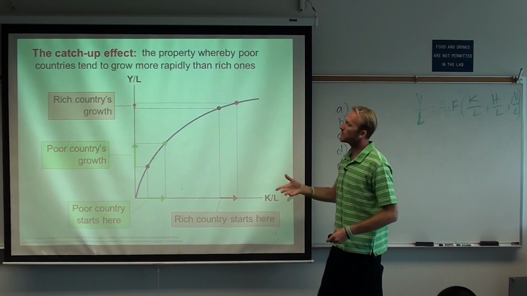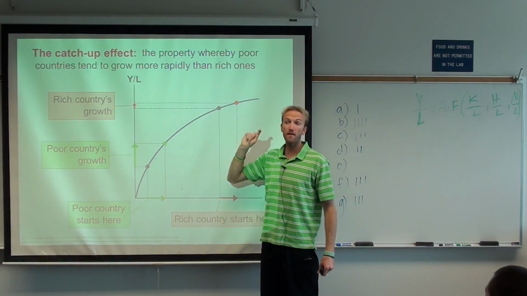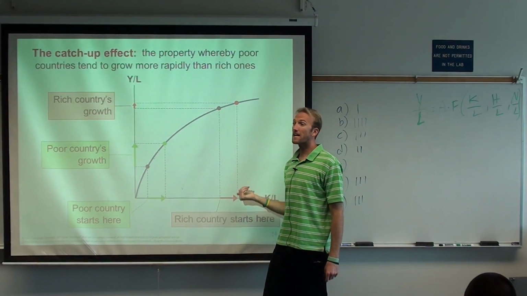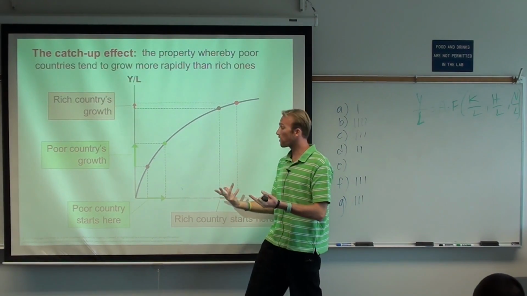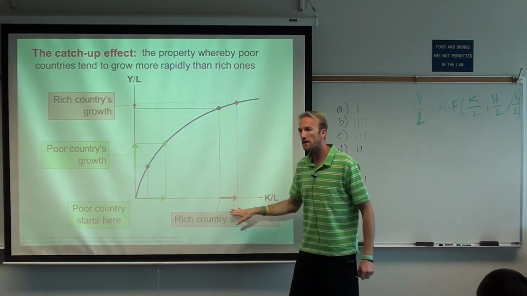It gives the opportunity for the poor countries to catch up to the rich countries, provided that they're able to even start growing, right? You have this idea called the poverty trap if the country is too poor to even start this growth. Because what does this growth mean?